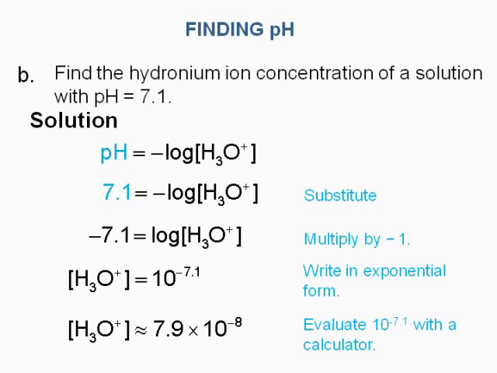Another example here, it says find the hydronium ion concentration of a solution with pH of 7.1. So in this case, we're plugging in the pH number here of 7.1. All right. Now remember, the clown face is here. If you're after the hydronium ion here, now this negative sign is a problem in front.